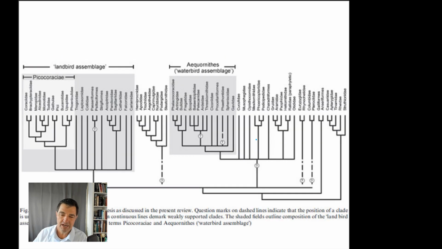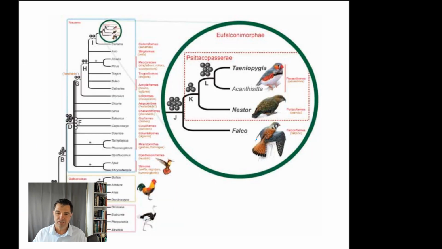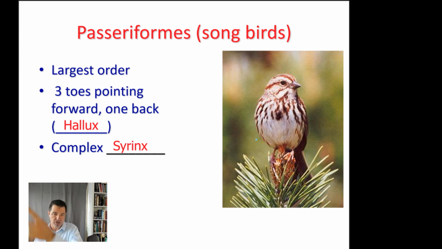You don't need to memorize the cladograms and the orders of all the different groups. Instead, what we're going to do is in lab, I'll go over the bird orders and tell you how that works in lab. But for lecture, I'm going to give you certain common orders that you need to know that I think are pretty straightforward, that you'll be good at.